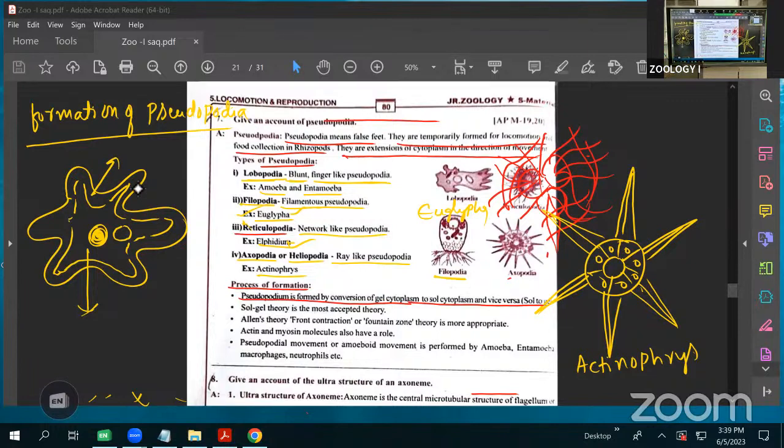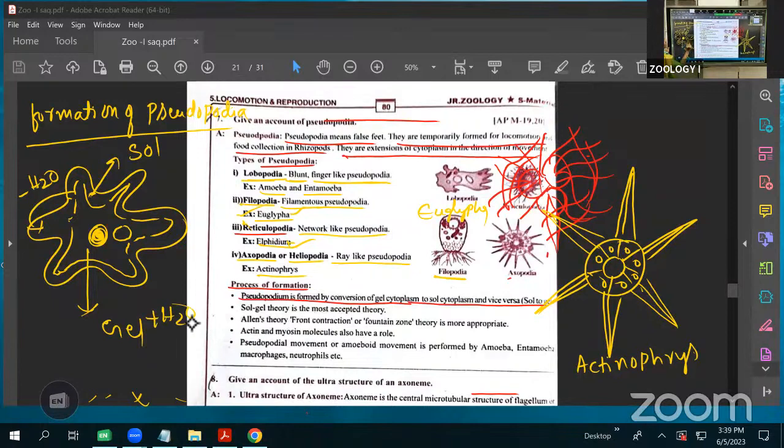We consider the inner side as gel, and the outer side is called sol. Sol is losing water and forms gel. Gel is adding water and forms sol.